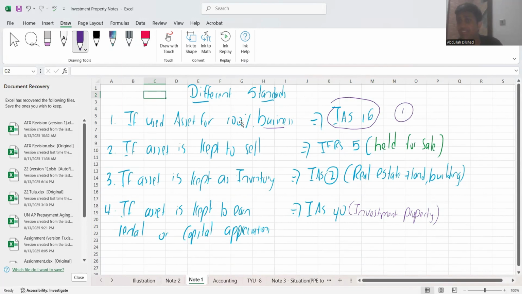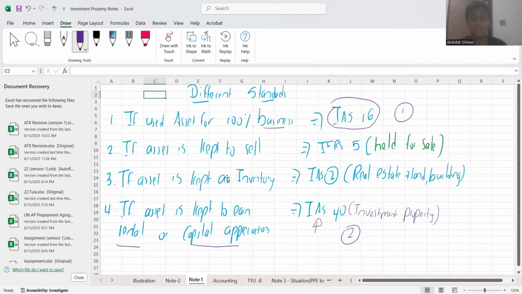This is our first standard since foundation. And today we learned another standard: if the asset is held for rental or for capital appreciation, we use a standard called IAS 40. This is the second standard. Everything depends on your intention, on your purpose, on what you are planning on doing with that asset.